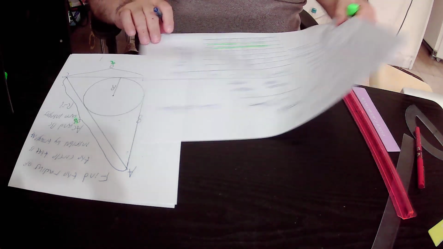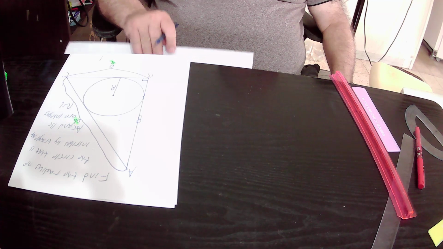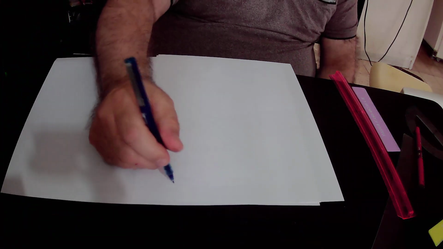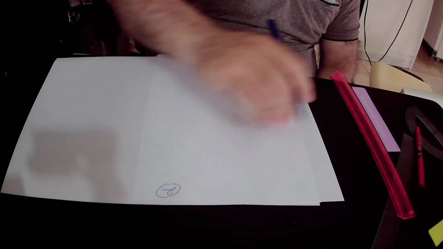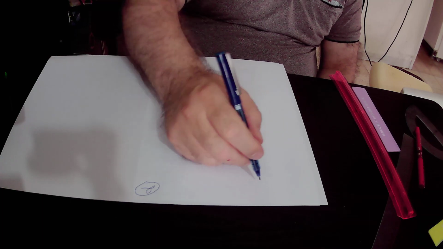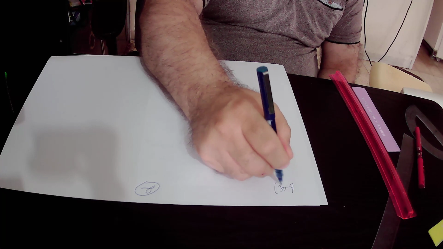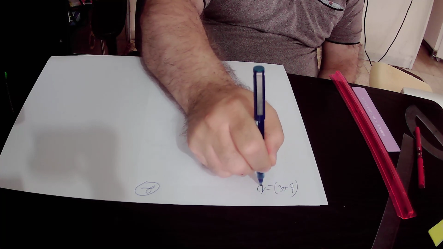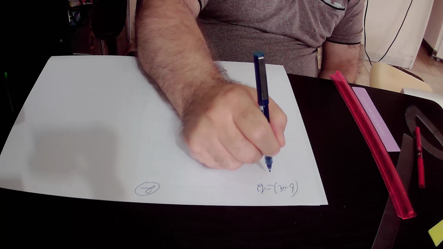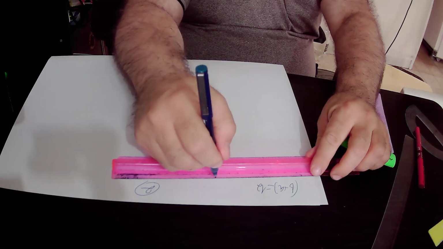Okay, so write down the two solutions to the question. According to the first solution to the question, b plus a is 16, and b minus a is 4.